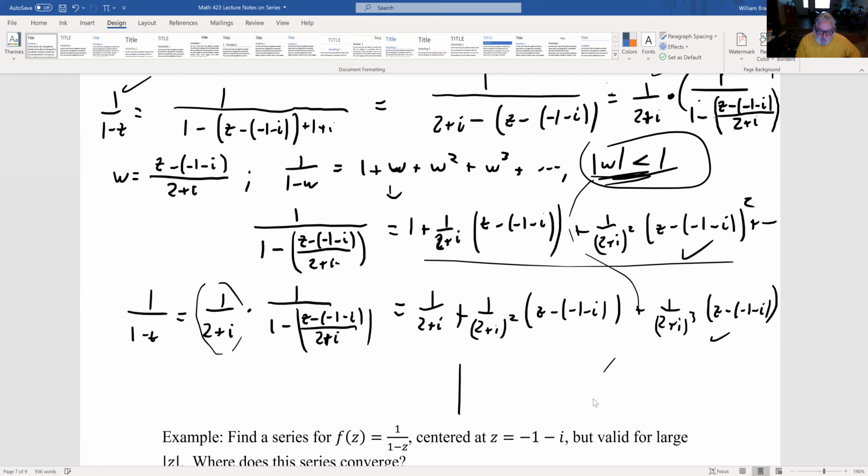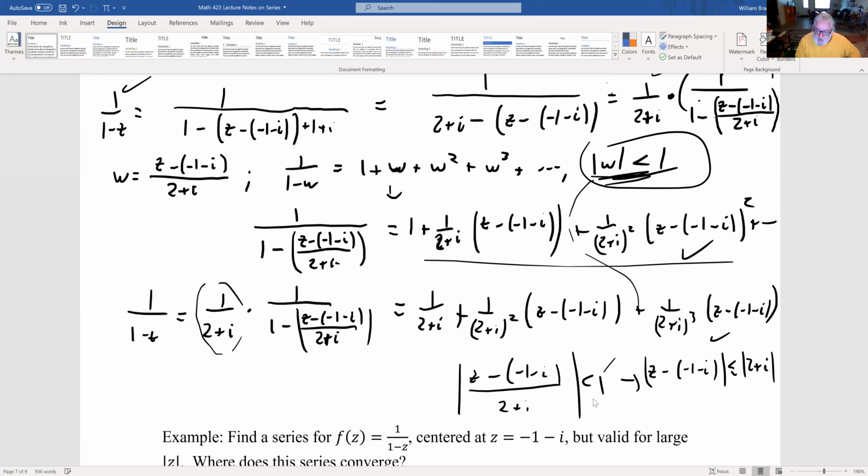So we want z minus the center over 2 plus i to be less than 1, which means that we want z minus the center in modulus to be less than the modulus of 2 plus i. If you grind that out, it is strictly less than square root of 5, which is what we got at the beginning. So don't be like me and forget to deal with your radius of convergence.